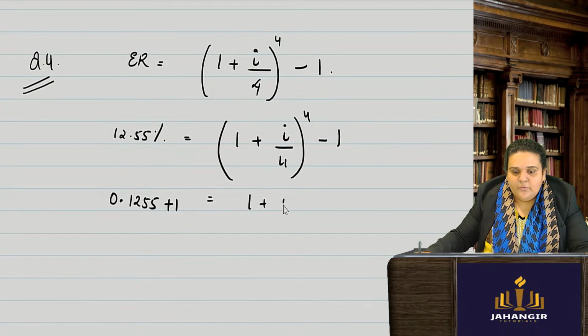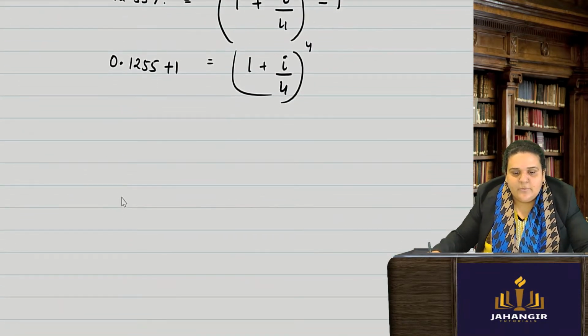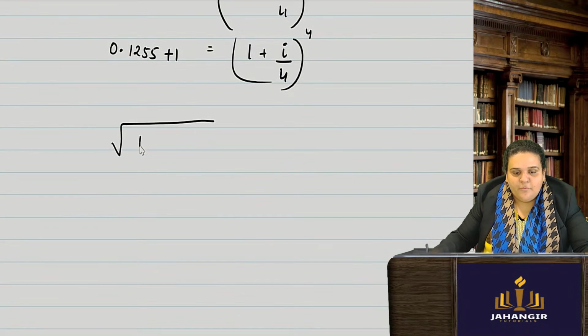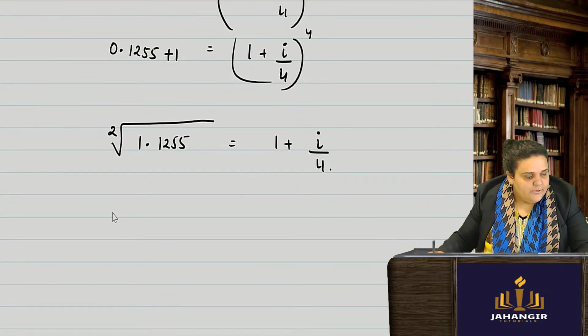I am taking the 1 plus, so this will be 1.1255 equal to (1 plus I upon 4), the whole thing raised to 4. Then taking the square root of 1.1255 twice, I'll get the answer as 1.0299.